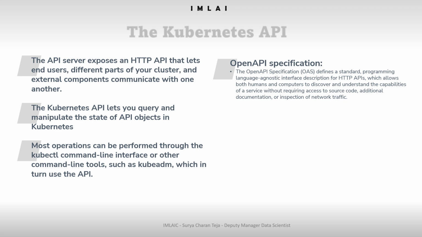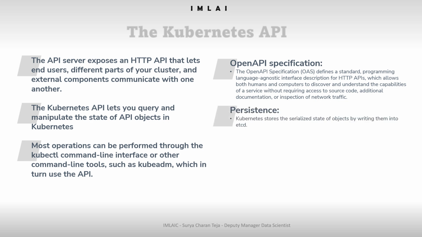When properly defined via OpenAPI, a consumer can understand and interact with the remote service with a minimal amount of implementation logic. Similar to what interface descriptions have done for lower level programming, the OpenAPI specification removes guesswork in calling a service.